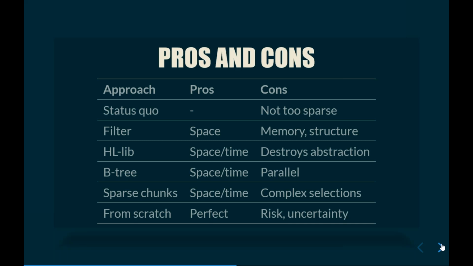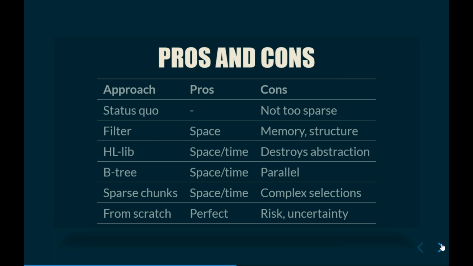Sparse chunks, certainly the space and time savings would be there. There are potential issues. We have a lot of experience supporting selections and all kinds of combinations of selections with existing data sets in HDF5, and we are certainly familiar with the issues around complex selections and managing them efficiently.